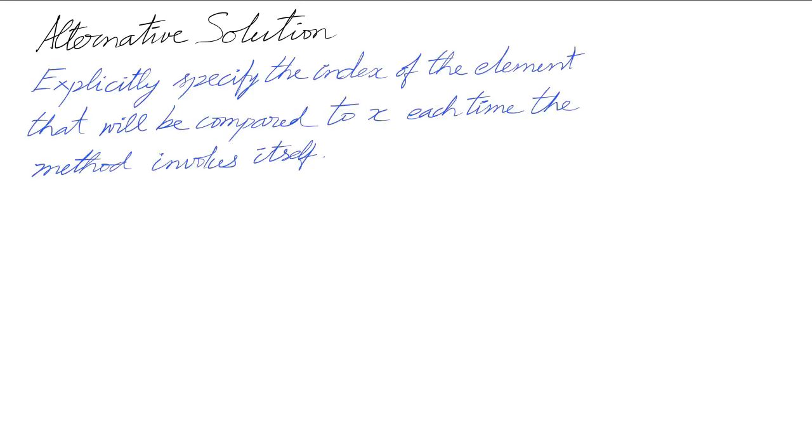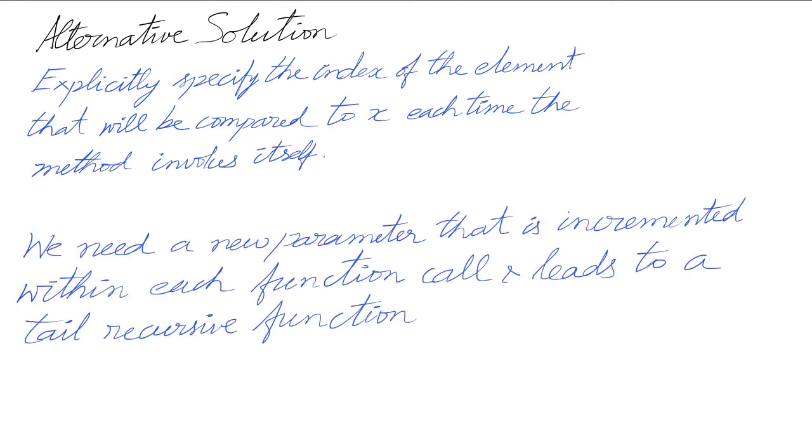Here is the alternative solution. We explicitly specify the index of the element that will be compared to x each time the method invokes itself. We need a new parameter that is incremented within each function call and leads to a tail recursive function.